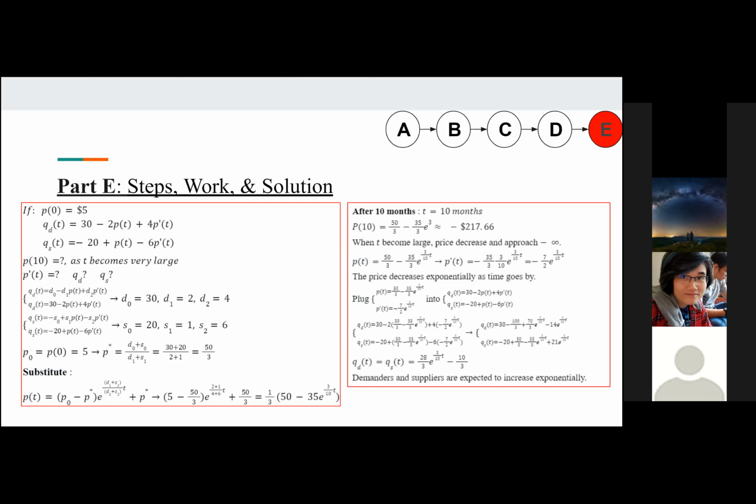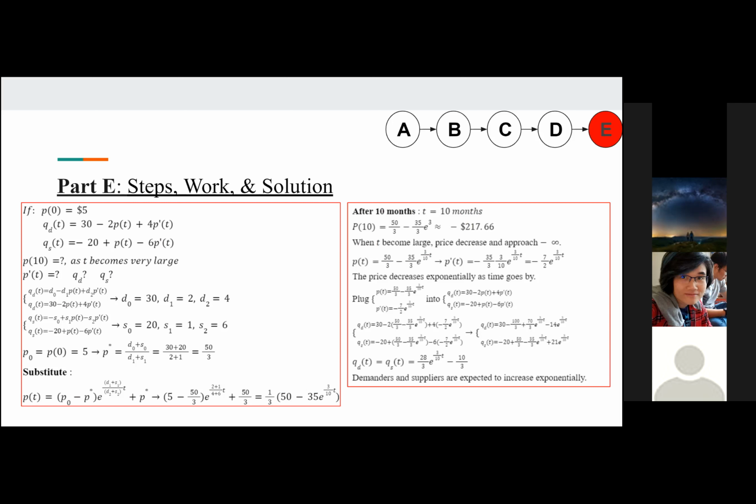So we have three equations: P0 equal to $5, and the quantity of demand and quantity of supply equations. We need to find P10, when the time is 10 months, and the derivative of the equation as well.